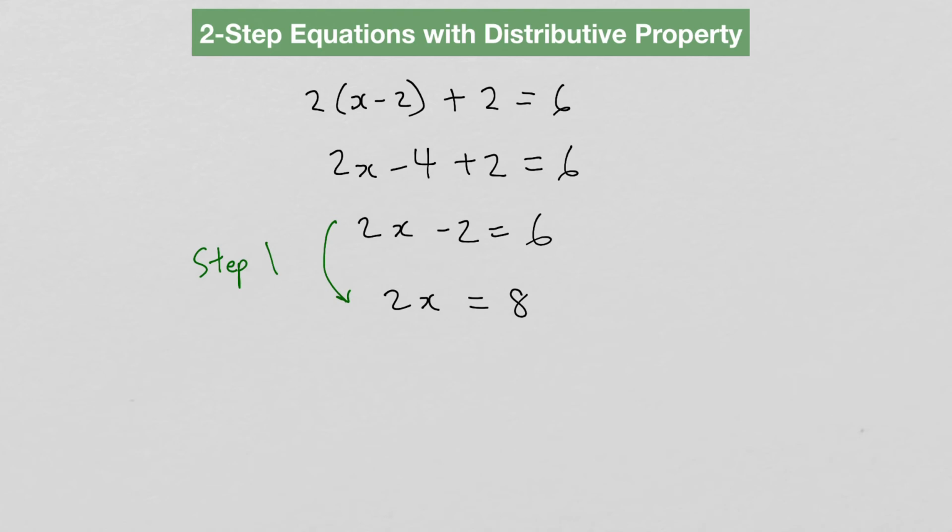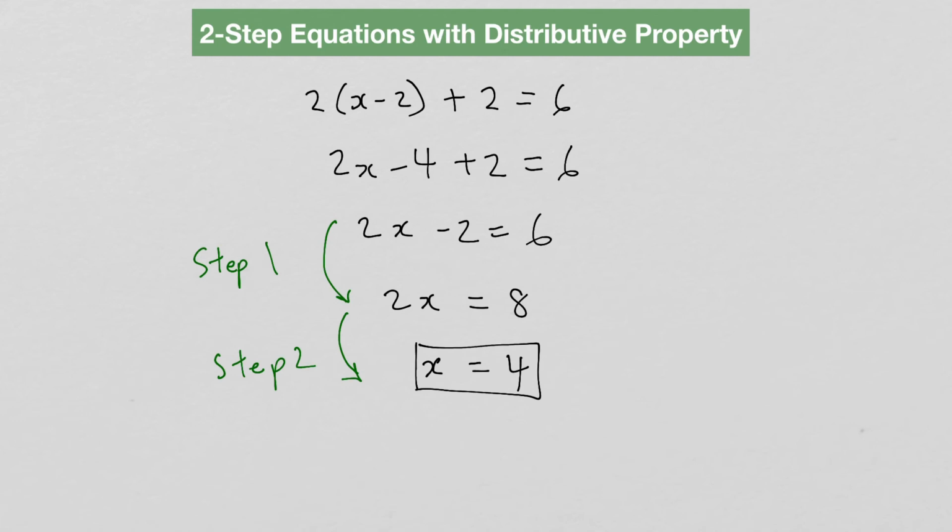Whenever there's a product, we have to divide to eliminate the coefficient, which is the 2. So you divide by 2 on both sides and we get x is equal to 8 divided by 2, which is 4. That becomes our answer. And this step is step 2.